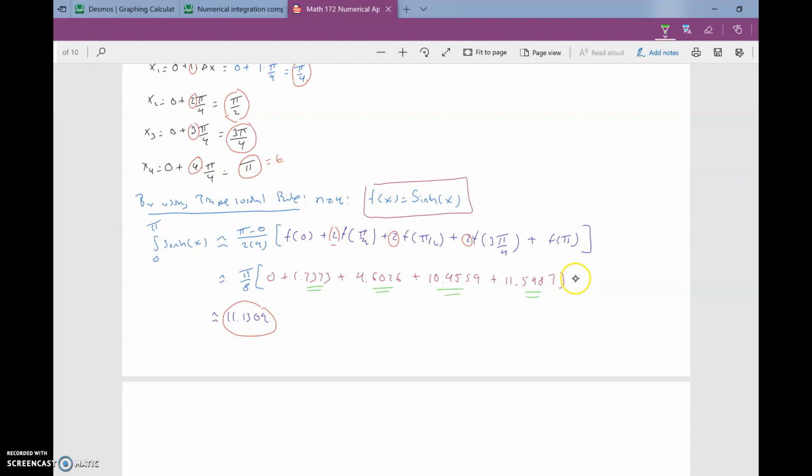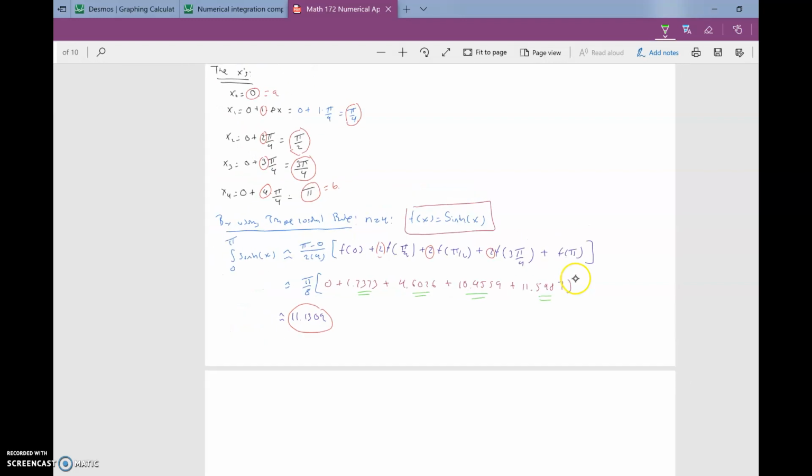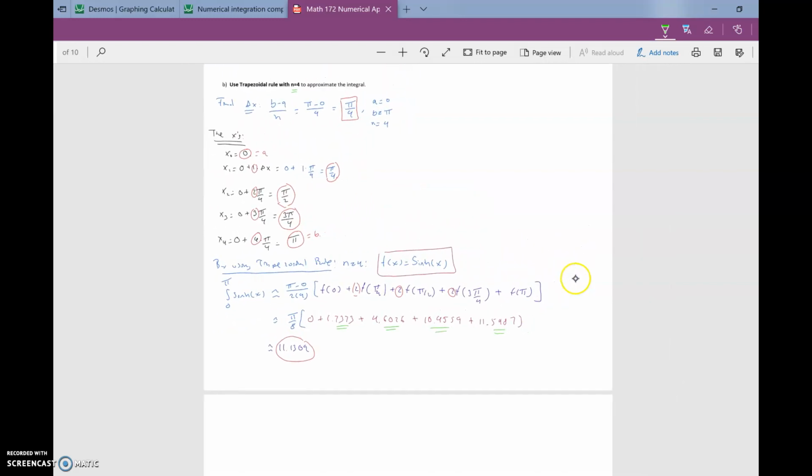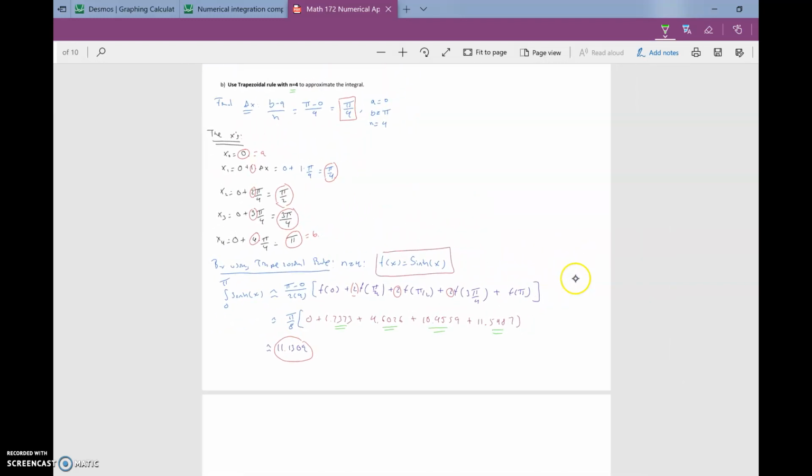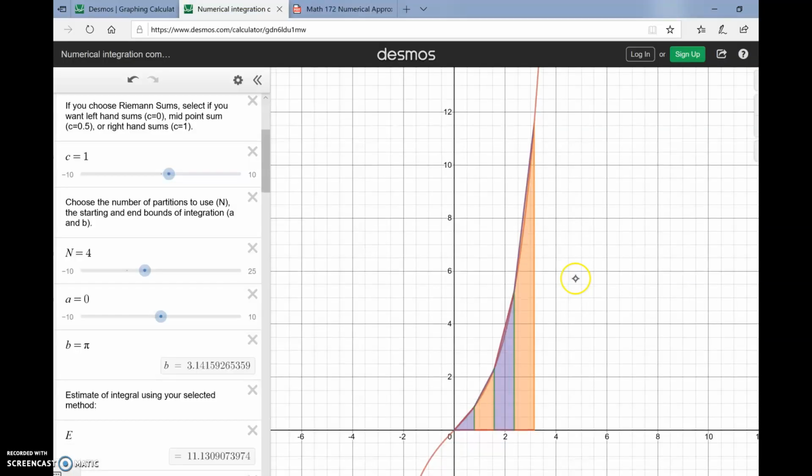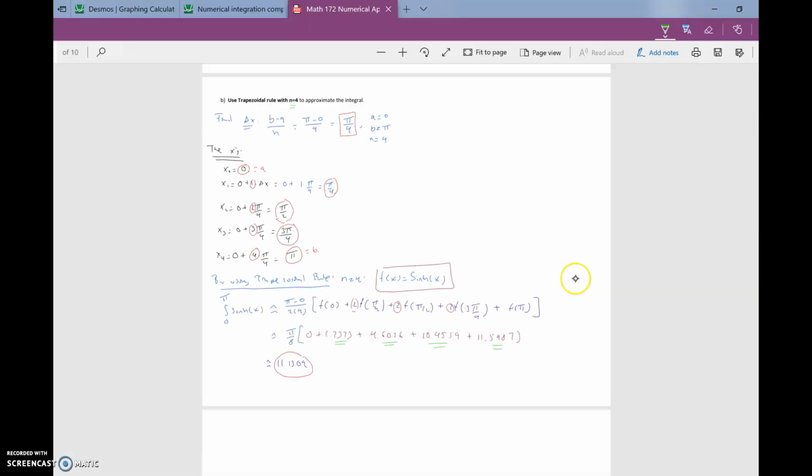So normally we would have code, and the code would evaluate all the way to like 9 decimals. As you can see, let me just show you what it looks like. Carrying more gives you 11.1309 and a couple more decimal places. Ideally, you want to have n be as large as possible. And if I increase it to as much as the software allows me to do, you can see that it approximates what we found.